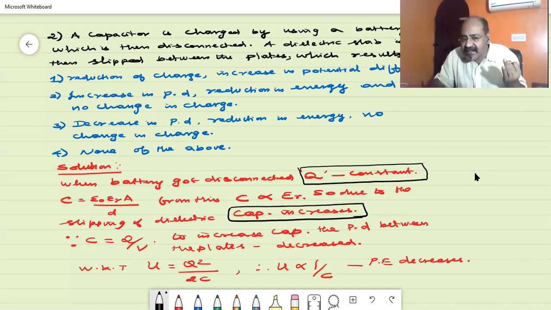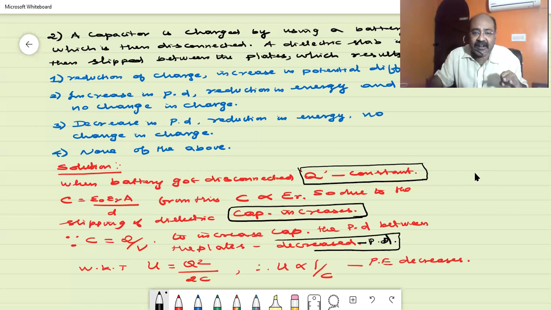Since the charge is constant and the capacitance is increased, then we have stated that potential difference got decreased. So this is the third one. Then what is the fourth one? Since the energy and the capacitance are inversely proportional, the fourth option that I can write is potential energy decreases.